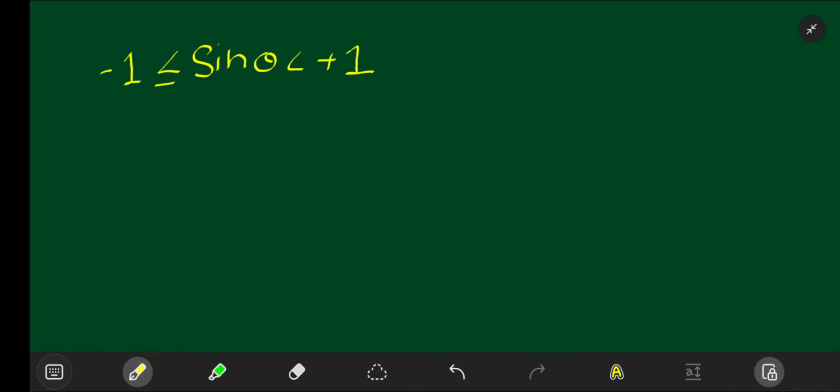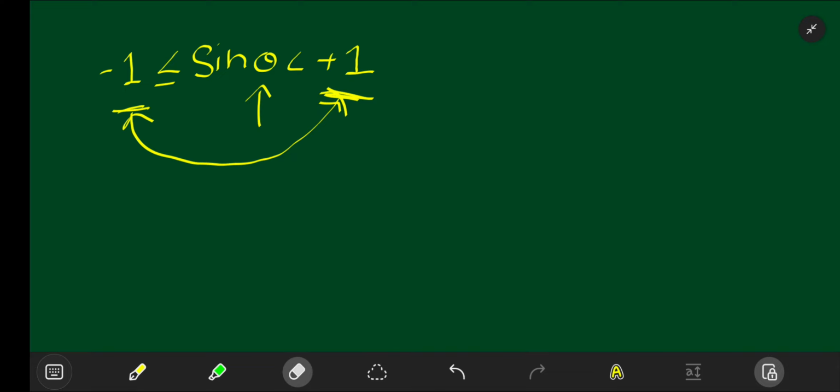That means at any value of theta, the answer will be equal to or between these two values. If you put any value in place of theta, the answer will be between or equal to these values.